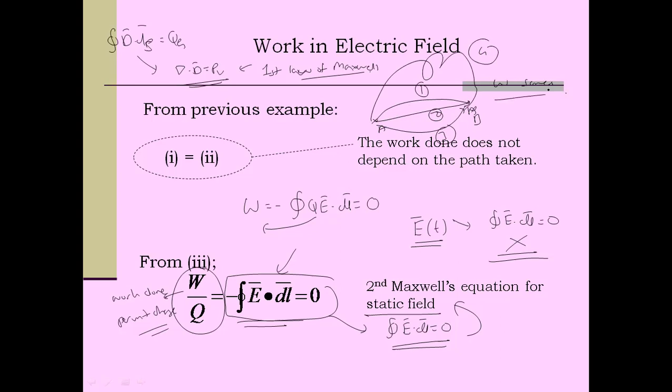That is the first observation. The second observation is based on the second law of Maxwell, that the work done in moving a unit charge in a closed loop movement will be equal to zero. Hopefully you understand this clearly on the concept of work.